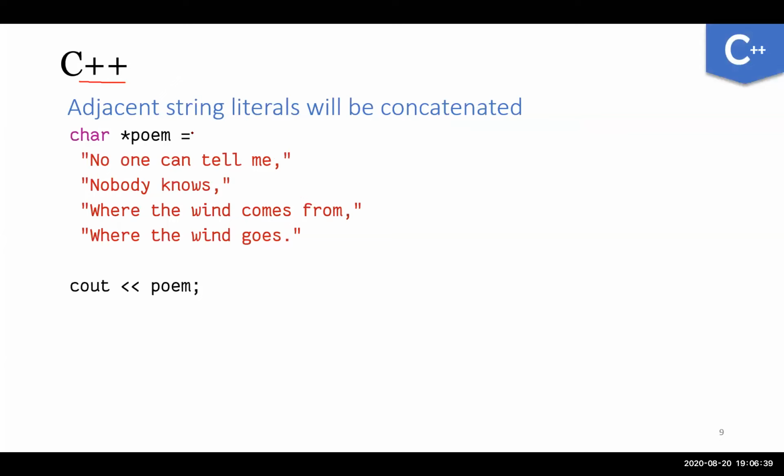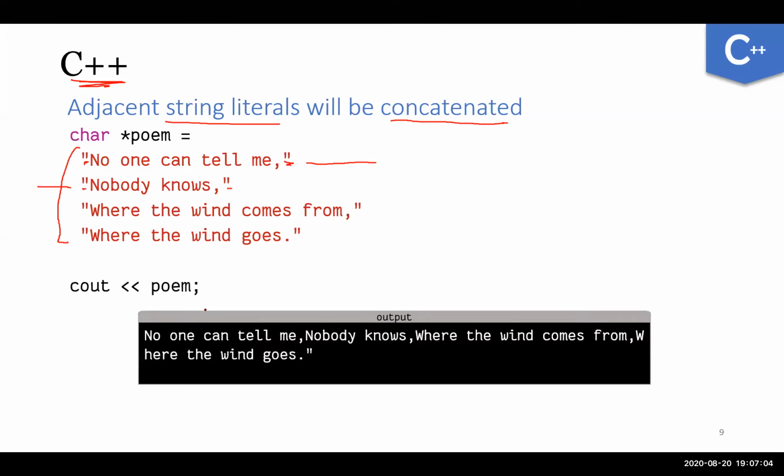Now in C++, if you have adjacent string literals, they will be concatenated. Concatenated means the strings will join together. You look here, this allows me to write my string literal in multiple lines, because the moment I close it, C sees it as the end of the string literal, right? So any white space behind and in front, C doesn't care. Then it immediately sees another open and close string, so C++ will join these.